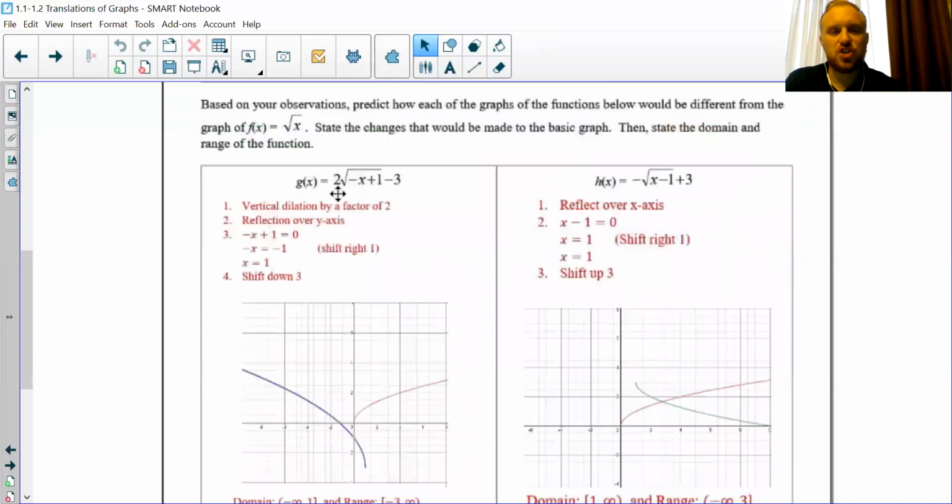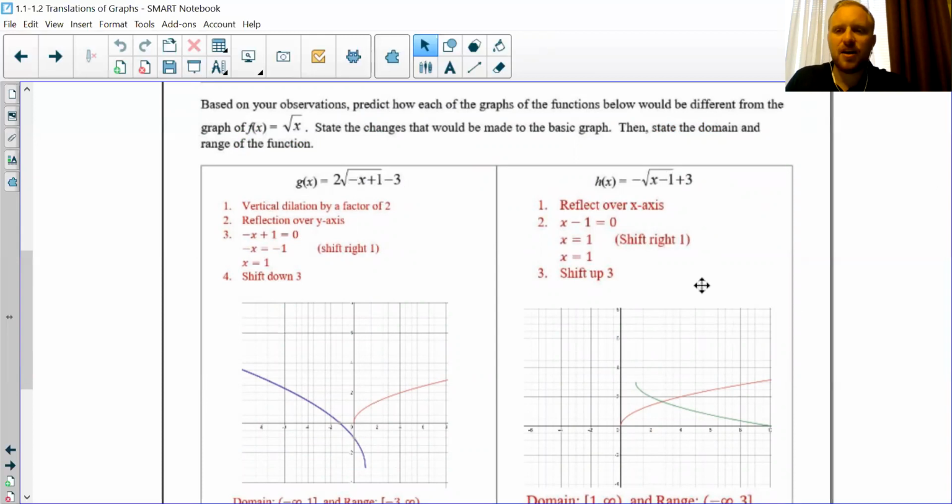Notice that this one, the 2 tells us that it's a dilation. So whenever we have a value that's being multiplied on the outside, we call this a vertical dilation, meaning that it stretches it vertically. Okay, whereas if it were inside, let's say inside the square root, it would be stretching horizontally.